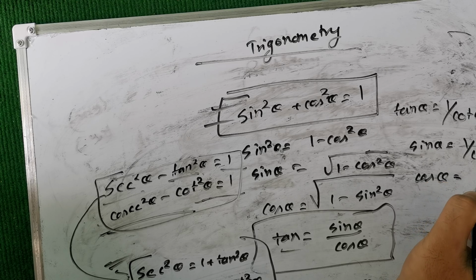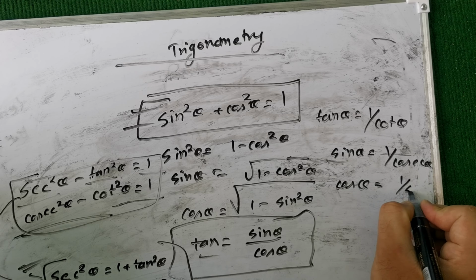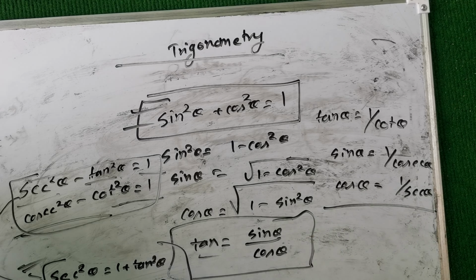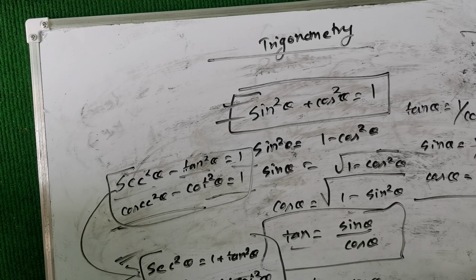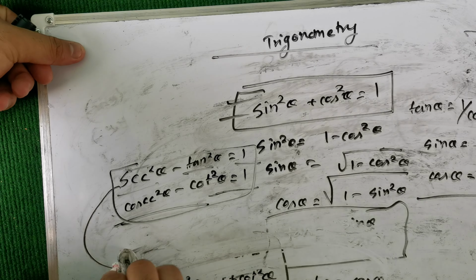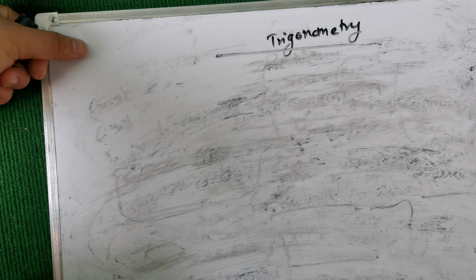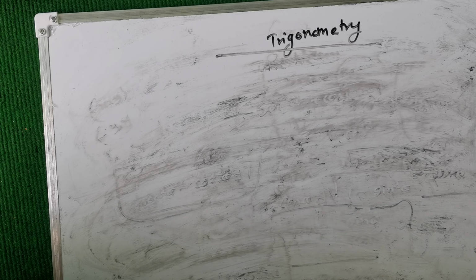Cos theta is equal to 1 by sec theta. You have to remember this. And you will be asked just easy questions only.